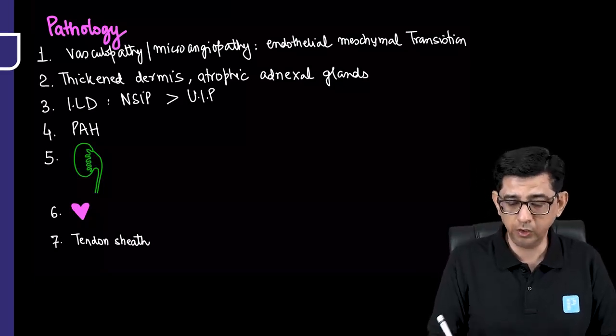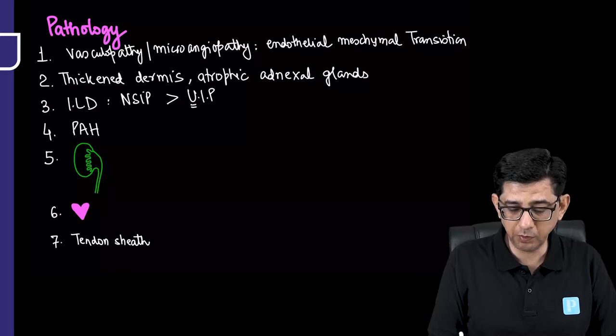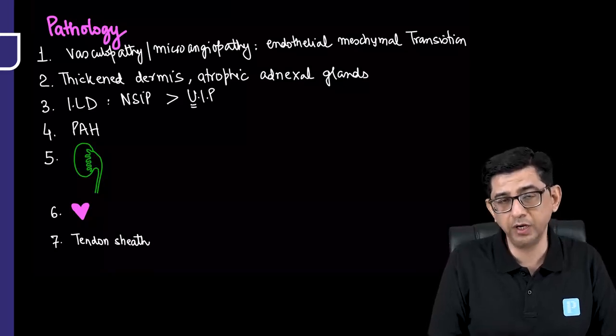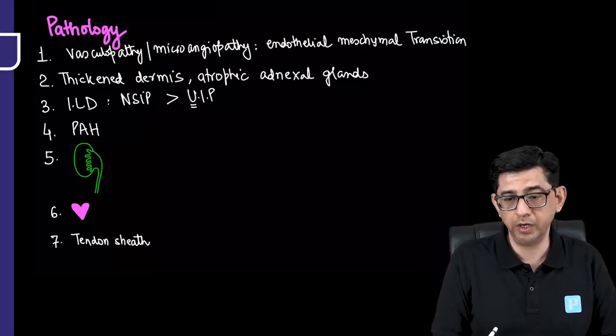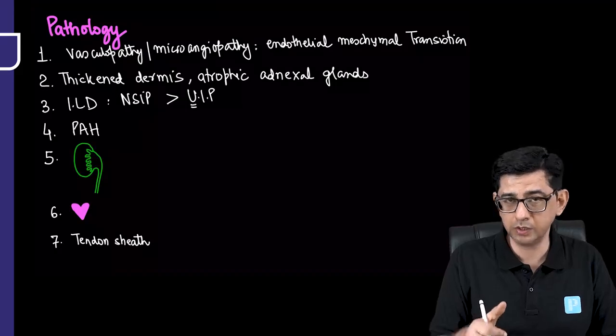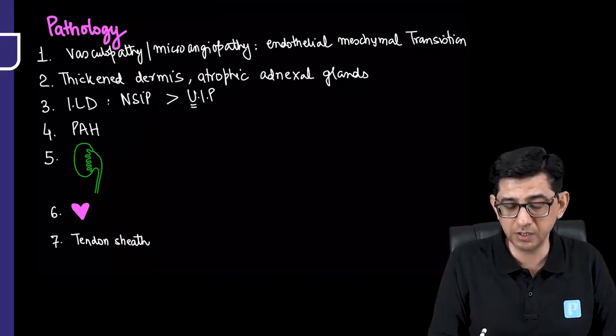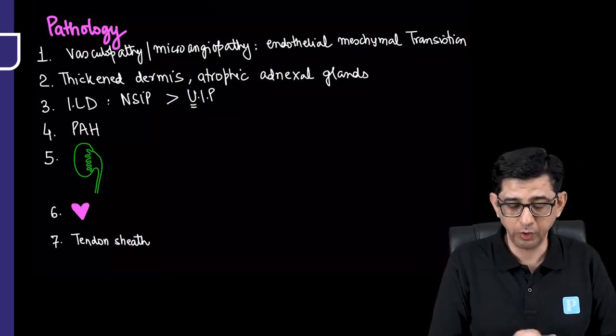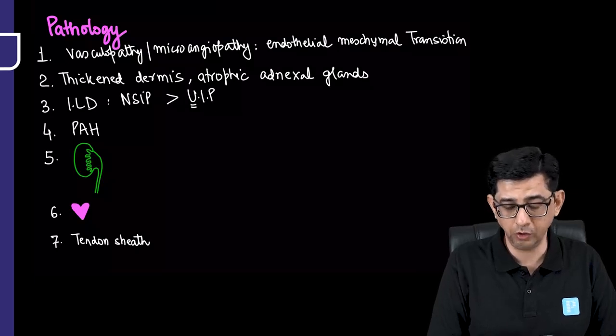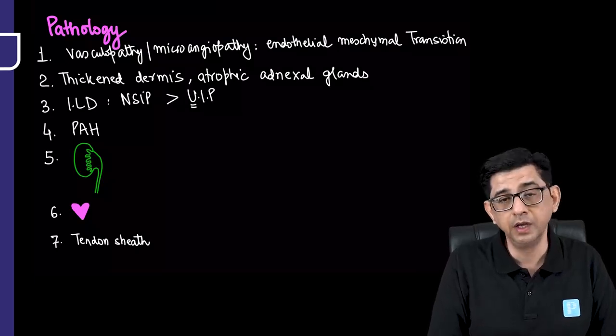But even if you're not, you are aware from pathology that the UIP variety, the usual interstitial pneumonitis variety, is more common than non-specific interstitial pneumonitis. But today in the topic of systemic sclerosis, I'm teaching you guys that it is the NSIP variety that is more common than UIP. Then there would be pulmonary artery hypertension due to a combination of hypoxia and vasculopathy, and the kidneys would also be affected.